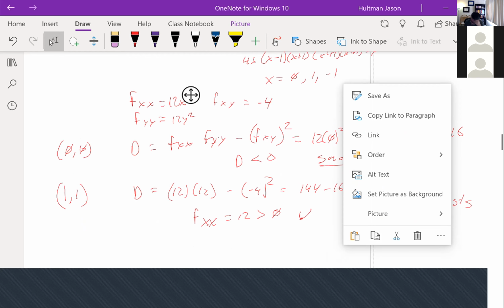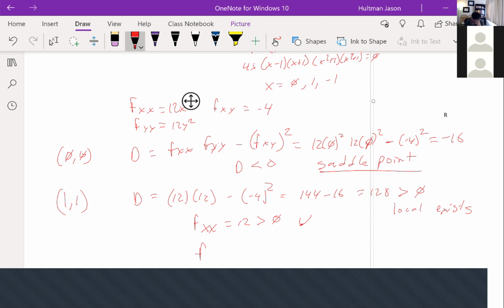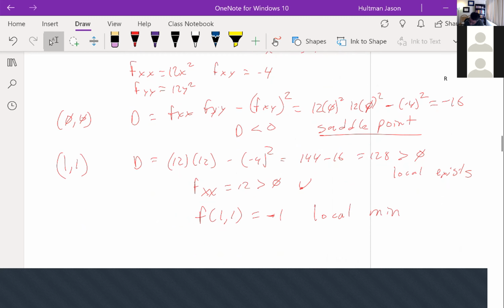If you plugged 1, 1 into the original function, you would get negative 1 as your answer. And so we'd say f of 1, 1 equals negative 1 is a local minimum.